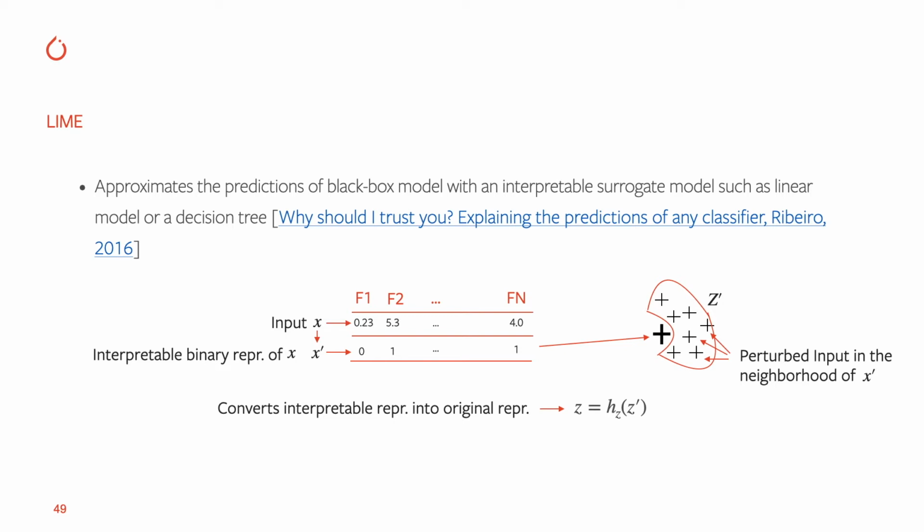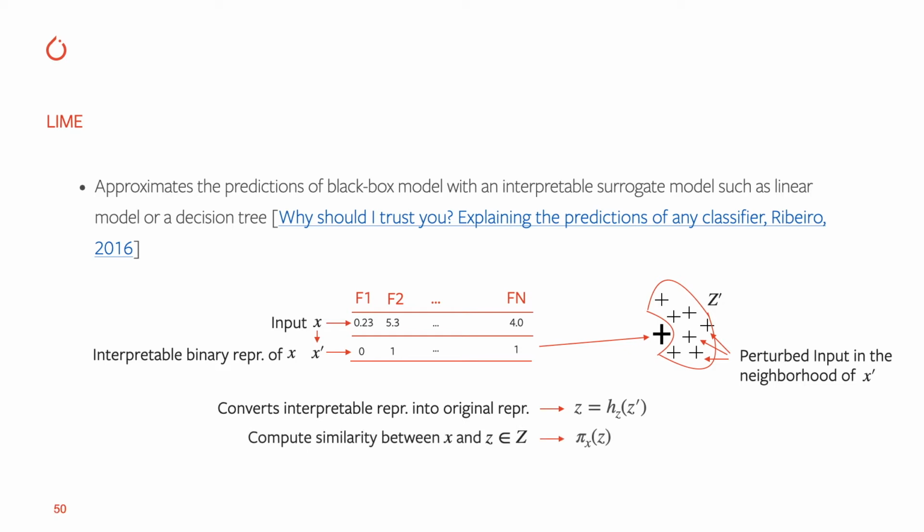Next, let's assume that we are given a transformation function h z that helps us to convert the interpretable representation into the original representation. So this function helps us to convert the samples z prime into the samples z in the original input representation.